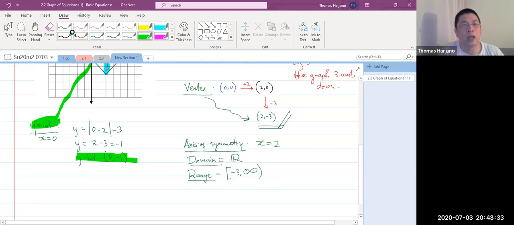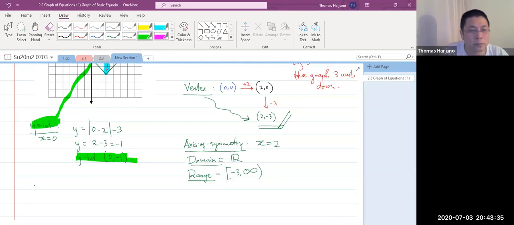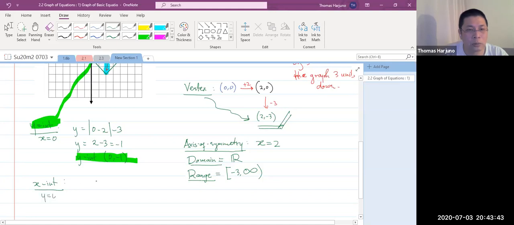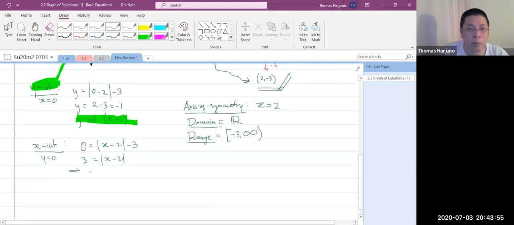Now, how about the x-intercept? You set y equals 0 and solve for x. We have all the tools to solve that right now. Isolate the absolute value. Absolute of blah equals 3 implies blah is 3, or blah is -3.